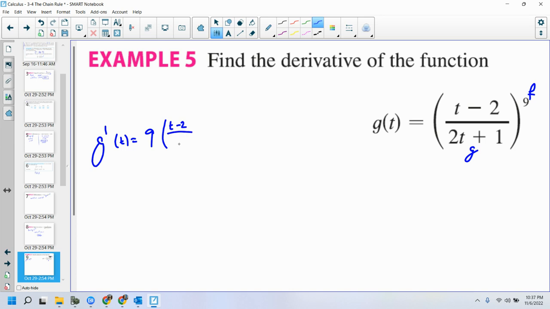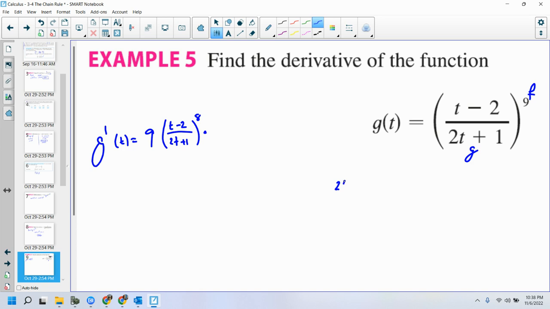minus 2 over 2t plus 1 to the 8th times, well, I've got to take the derivative of my quotient on the inside. So this is a chain rule with a quotient rule in it, right?